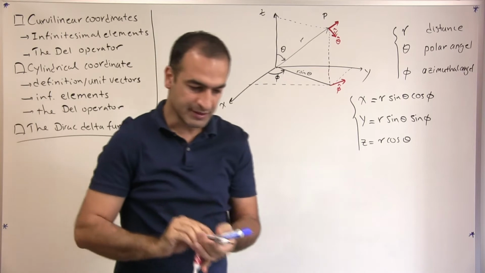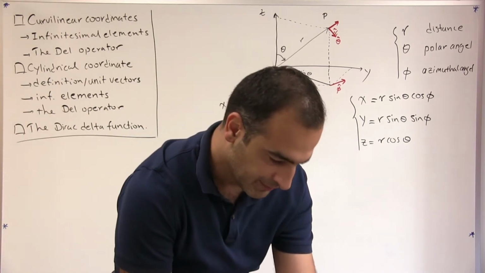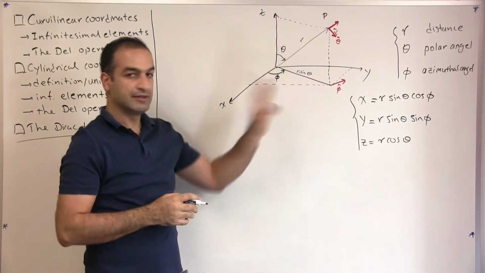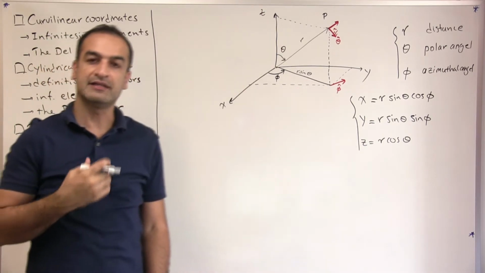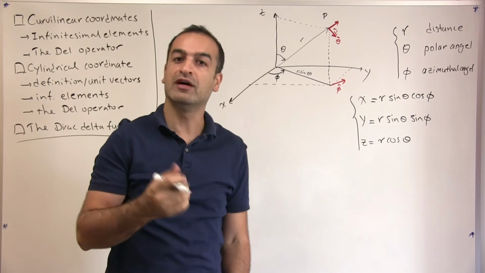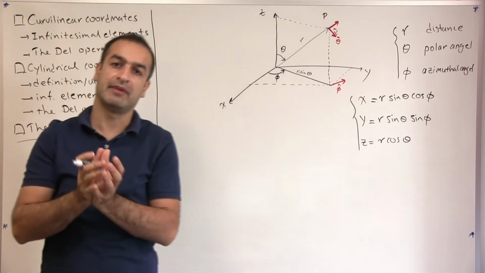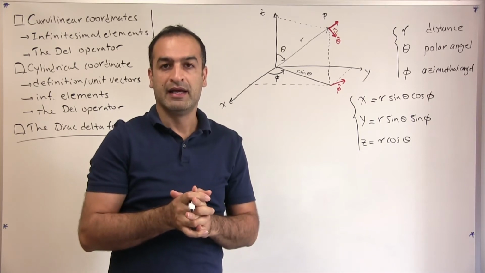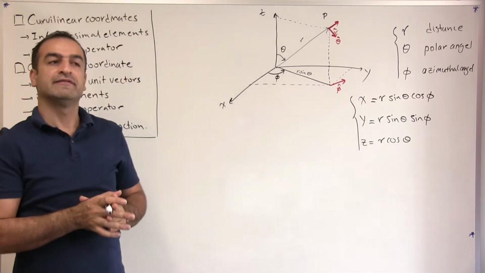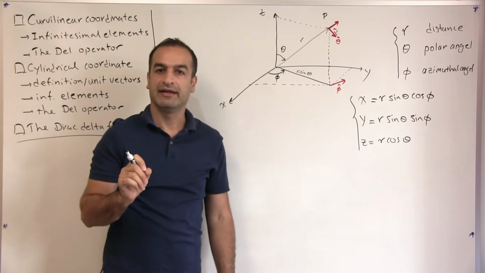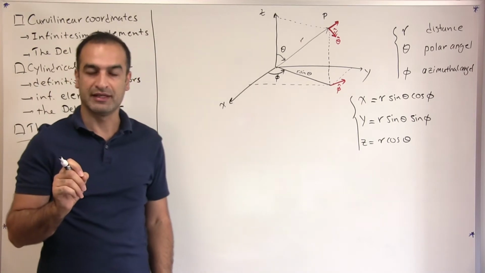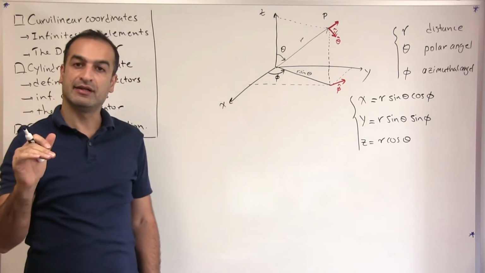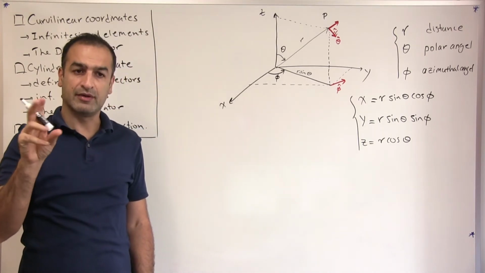Okay, so the unit vectors are always perpendicular to each other. That's a very good thing, and that's actually what you want from the coordinate system. You want unit vectors that are always perpendicular to each other. The advantage is that we can write any vector in terms of those unit vectors, if they are pairwise orthogonal.